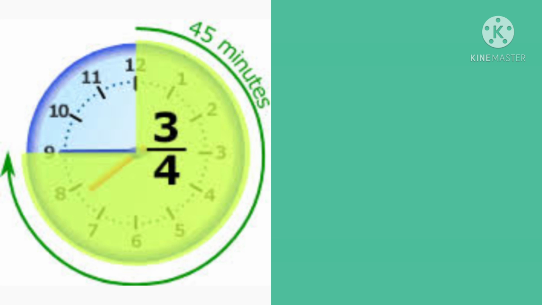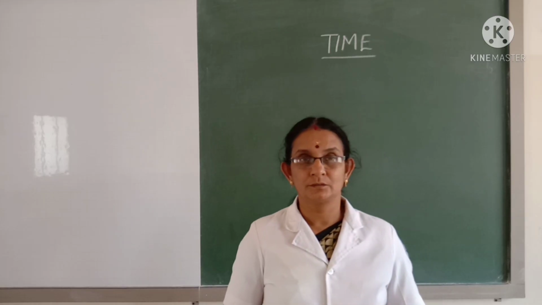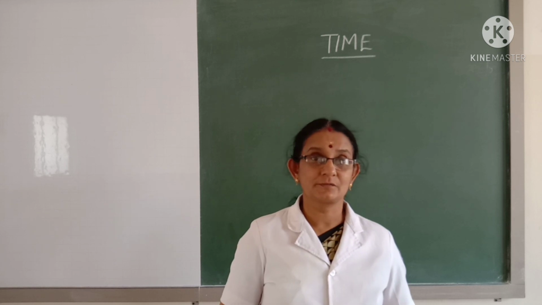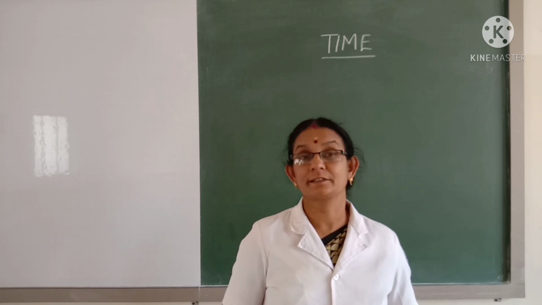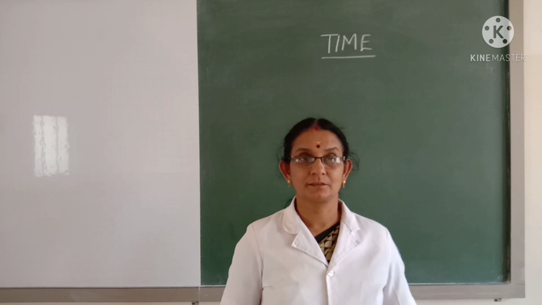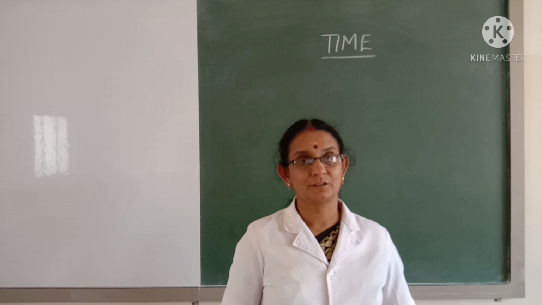Children, have you seen the numbers marked on a clock face? Yes. It shows there are 12 hours in each half of the day. So children, in this class we are going to learn how to read time to the exact minute. Let us learn this using some examples.